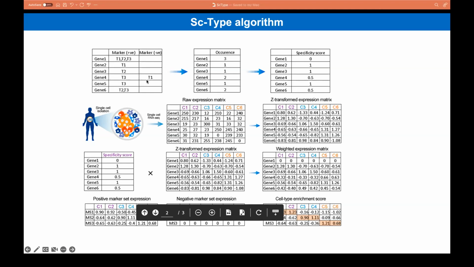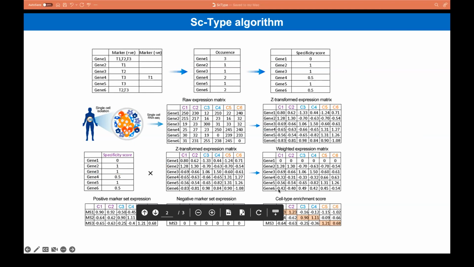So gene 4 is a kind of negative marker. So you add gene 1 and gene 2 and take the average, and then subtract the expression of gene 4 for calculating this MS1. And in that way, you'll have a sum matrix, which you can see here at the last.